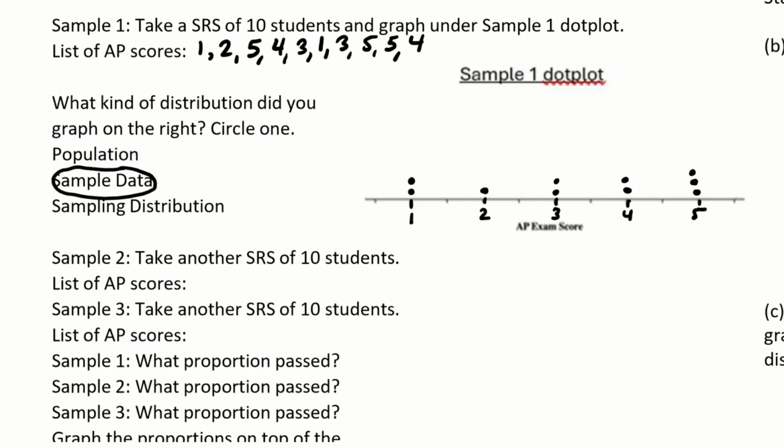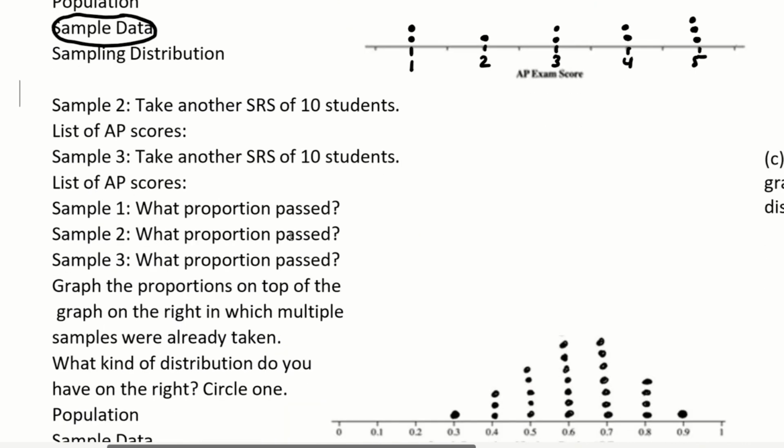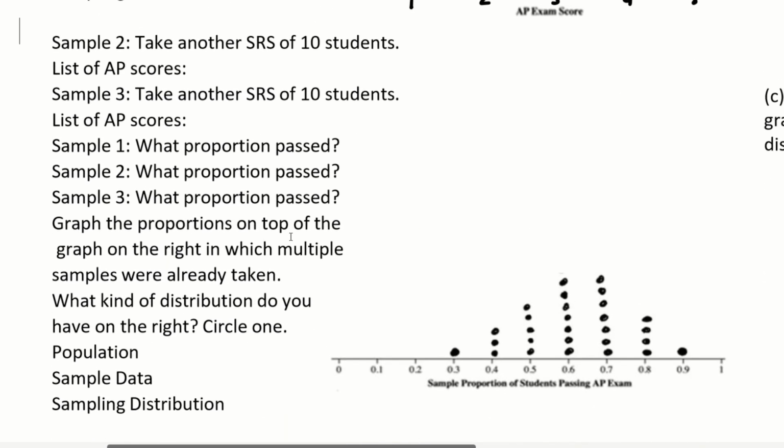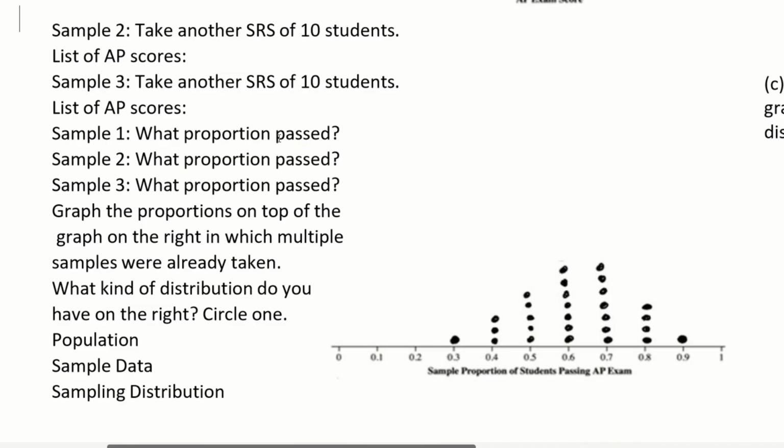Okay, so let's just suppose we take another sample. Sample 2, we take another random sample of 10 students, and then we'll do this for sample 3 as well. So I'm going to go ahead and use the random number generator and select another 10 for sample 2, sample 3, and so on, and then we'll go from there.